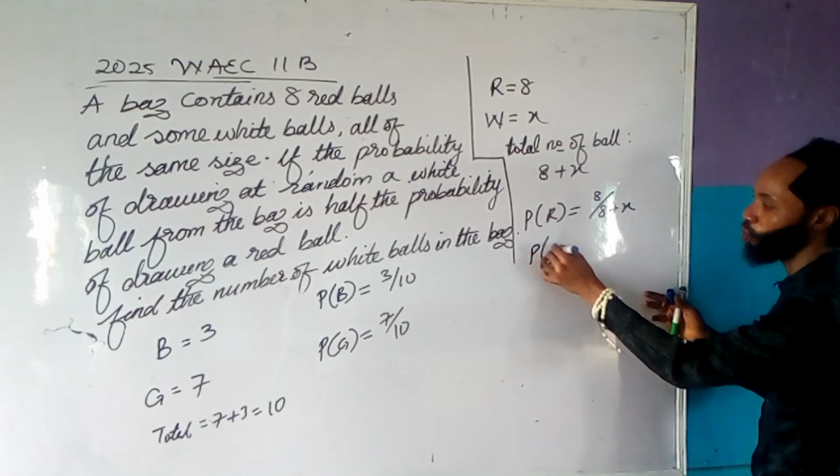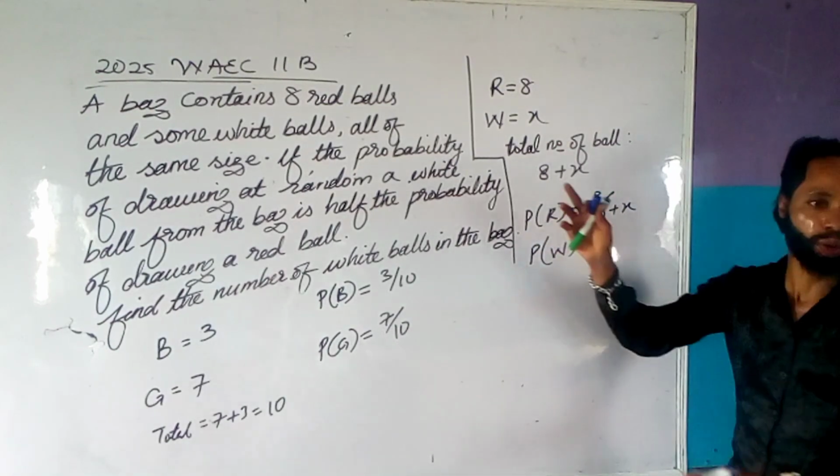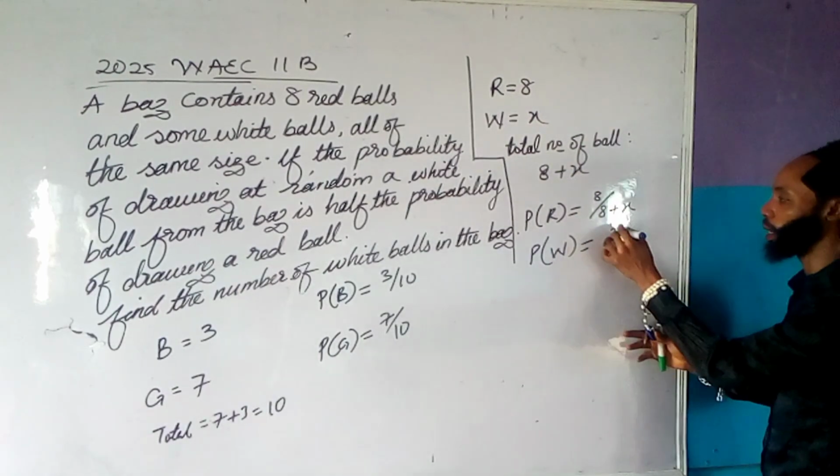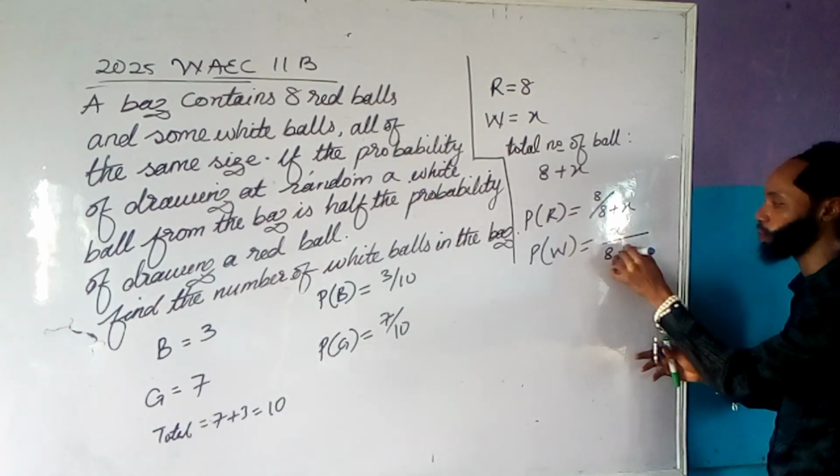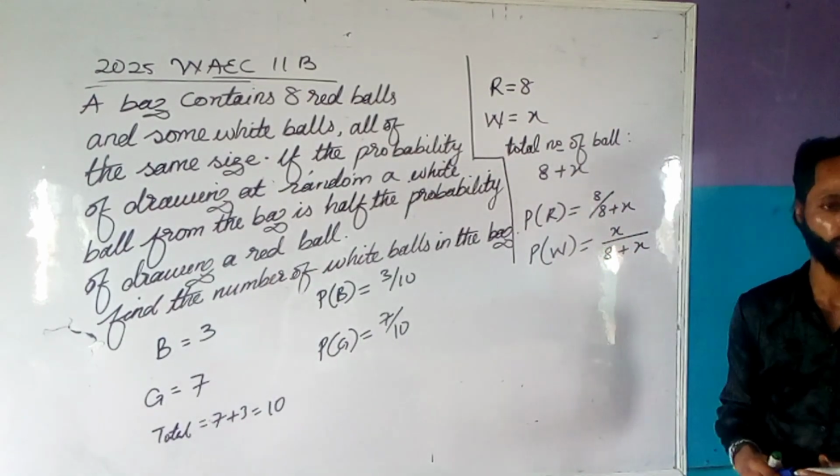The probability of white, let our white be X, is X over 8 plus X. So this is what we know.